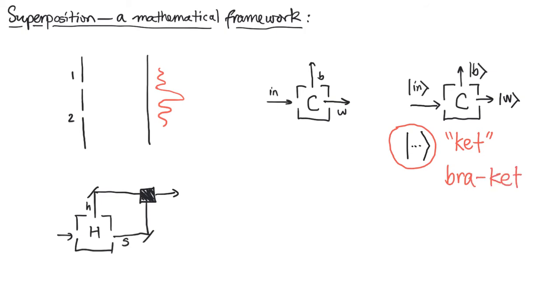And what we'll see in the future is that we can have a bra, which is kind of a mirrored version of the ket, and we can tack it on to a ket, and we're going to see that this quantity, bra ket, represents something called an amplitude, which is related to the probability of an outcome.